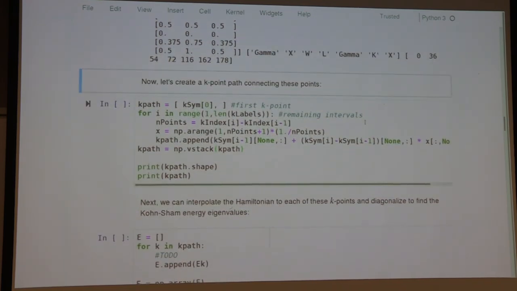Effectively, I add in the first K point, then loop over the intervals, and for each interval I create an X value which goes from 0 to 1 with that many points, and then compute the K points by a linear interpolation. It's the initial point in the interval plus the difference between the points in the interval multiplied by that X. Then I put all of those together to get the final K point path.